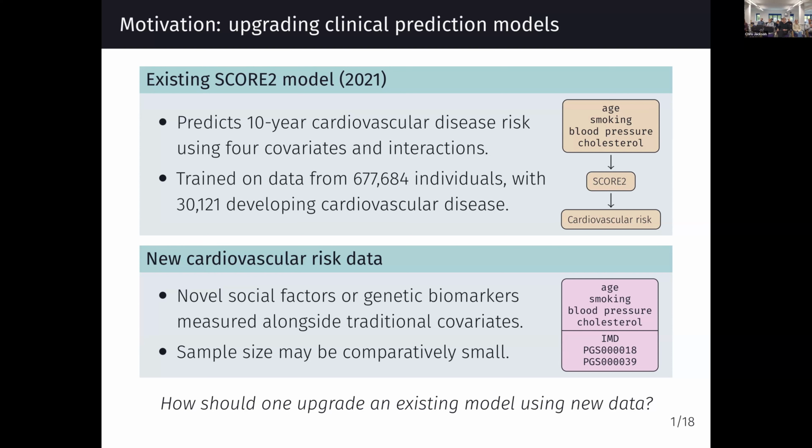To emphasize how available these models are, you really can just go online to a website, plug in your 4 covariates and see what your SCORE2 risk is. It really is something you can do immediately. Something we think is important here is that we only have access to the existing model and not to the existing data that was used to fit that model.